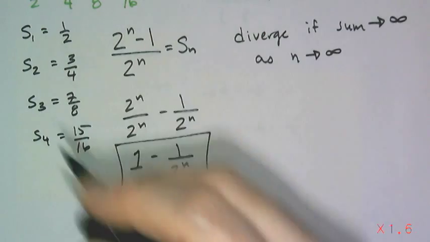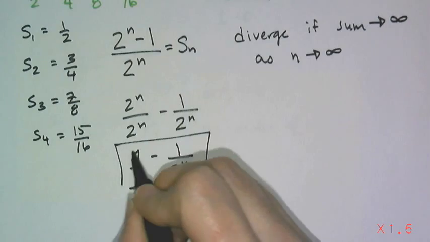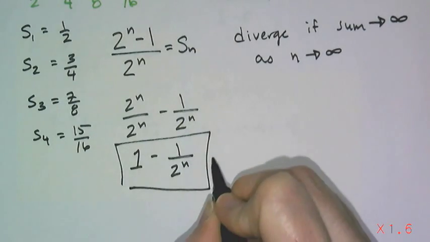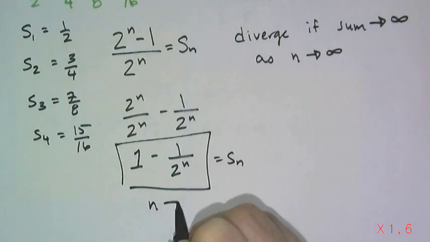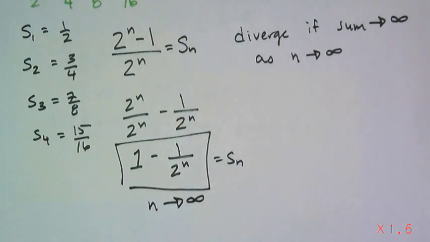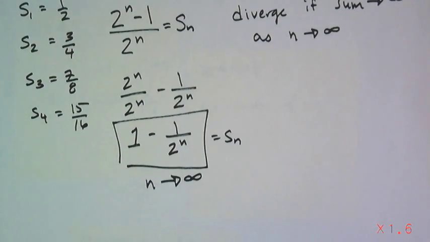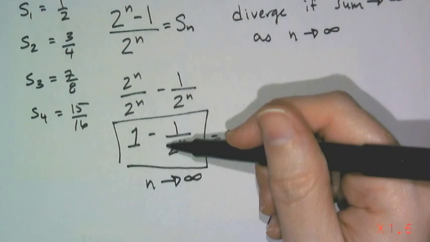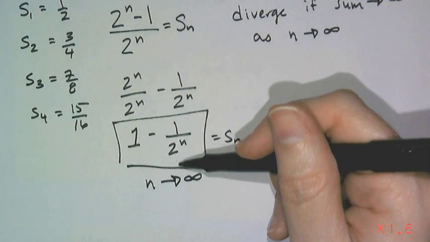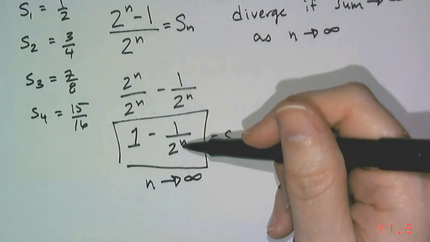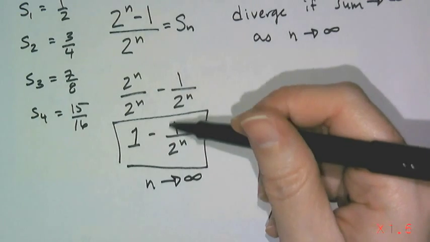So if I think about it, what happens to this value, which is s sub n, as n approaches infinity, meaning becomes infinitely large? Well, this value here, as n is infinitely large, converges to nothing.